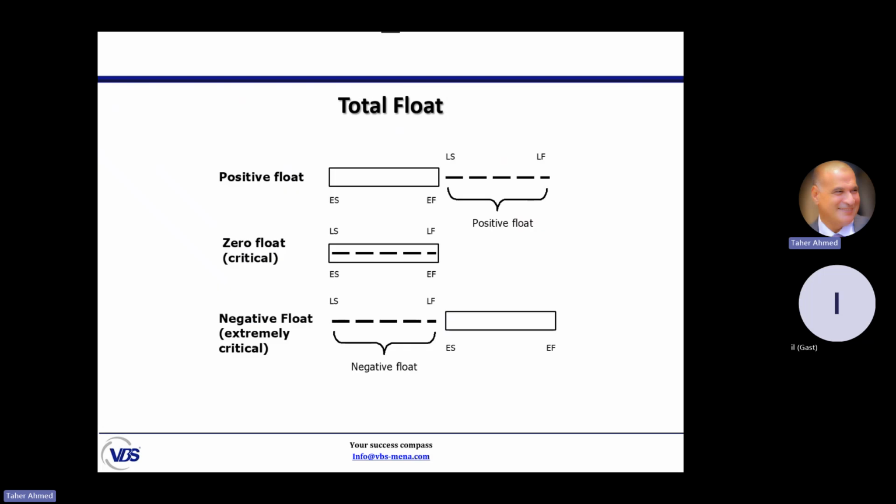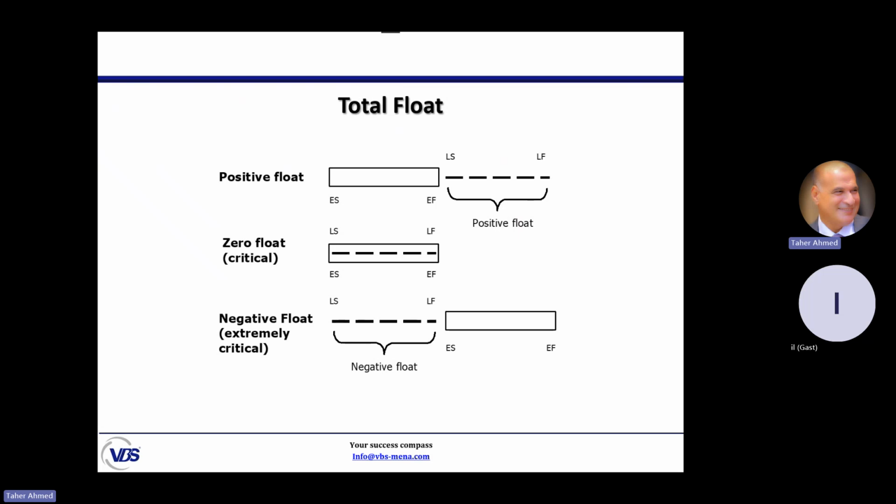Late minus early can come up with 3 results. The first result could be a positive amount. If the formula comes with a positive amount, positive float, it means that the activity has a float. It is not critical. The second result could be 0.